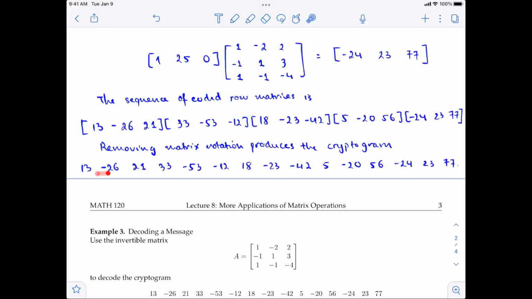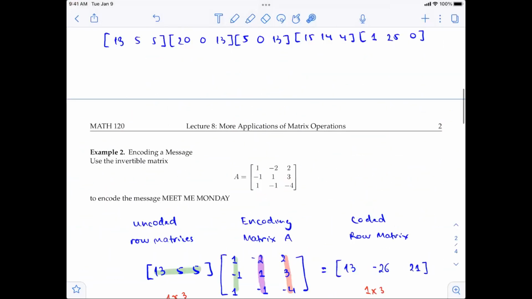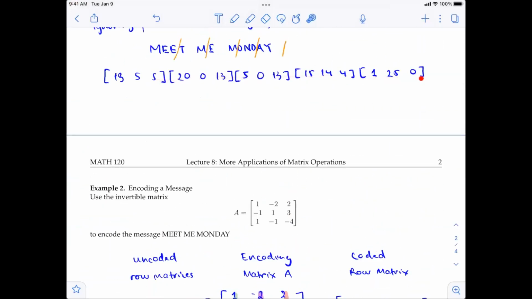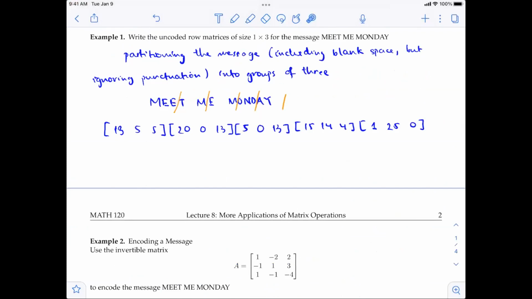So if you receive this sequence of numbers, they need to give you the key. Without the key, there's no way you can transform this sequence of numbers back into the original message. Otherwise, it's very easy to recognize the one-to-one correspondence of the letter and the number, so they can break the code very easily.